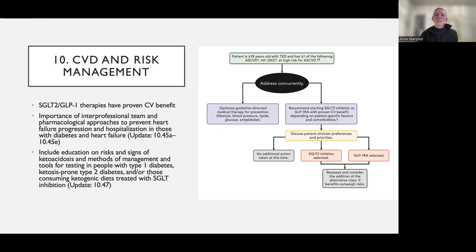And so that's going to be kind of a conversation to have between the patient and the provider, what kind of fits their goals, fits into their cost constraints, the best. And so we can look at both of those medications for these patients.